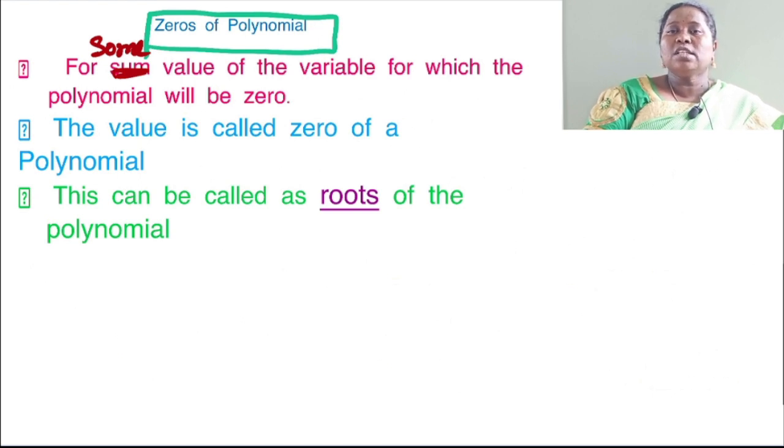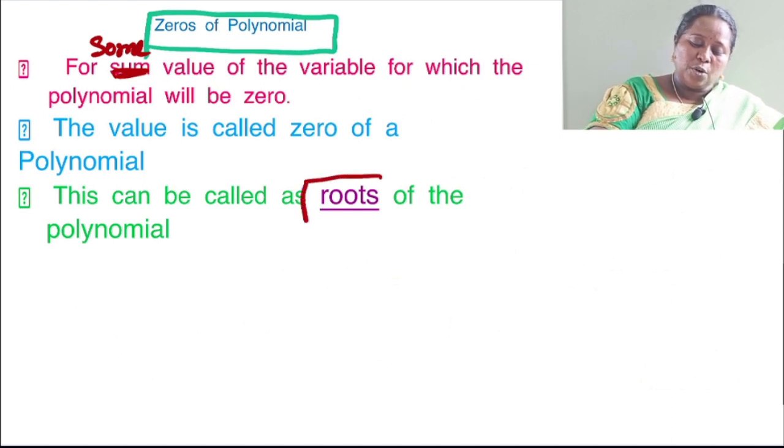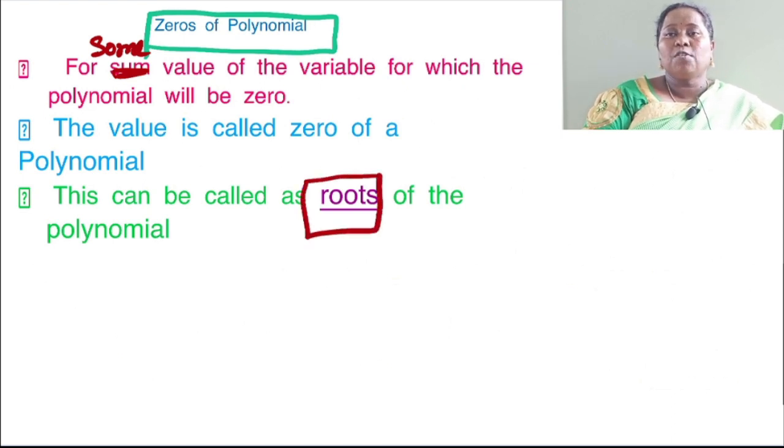We can also call that value another name, the root of the polynomial. Zero of the polynomial and root of the polynomial are both the same.